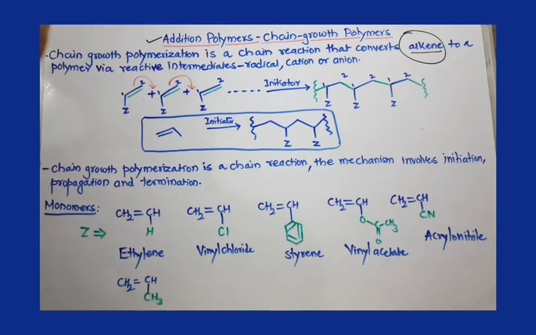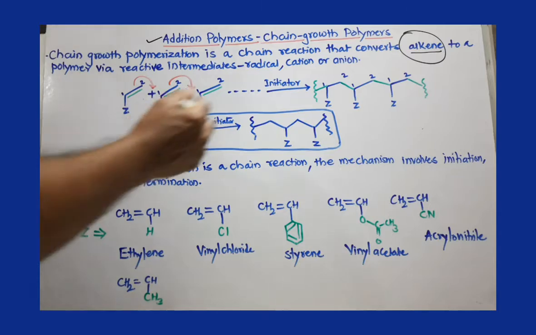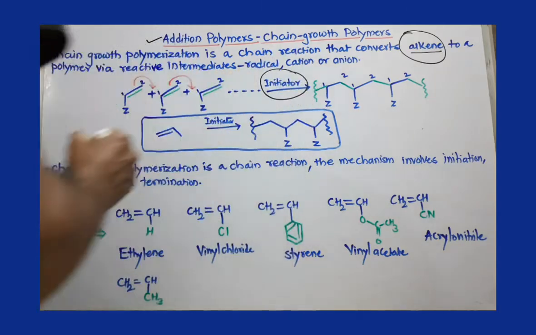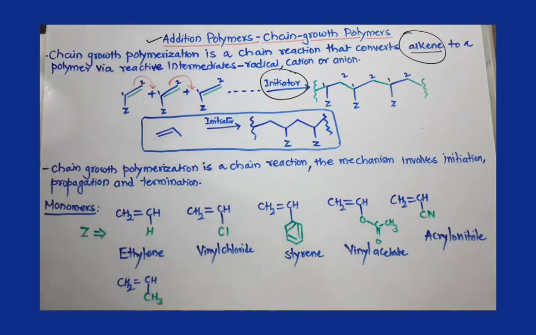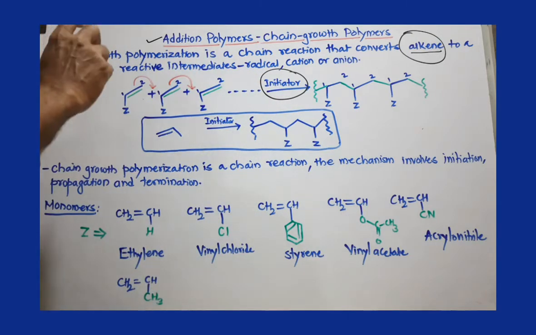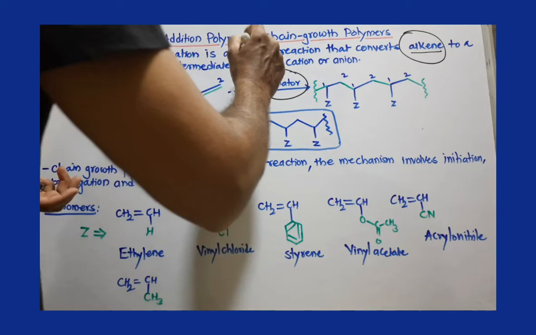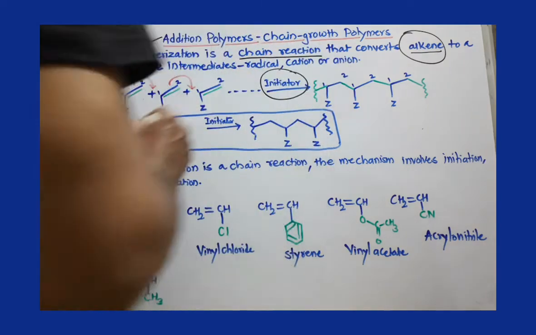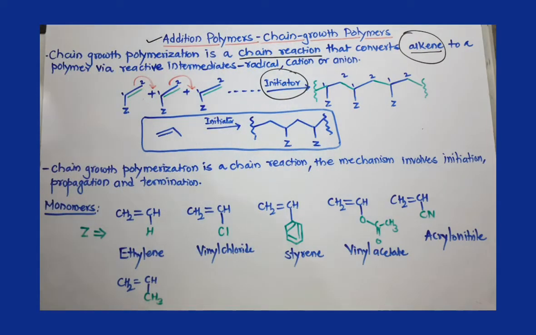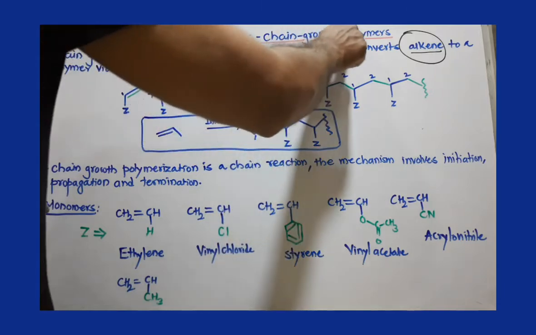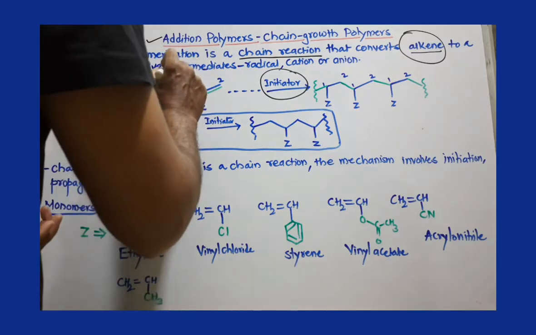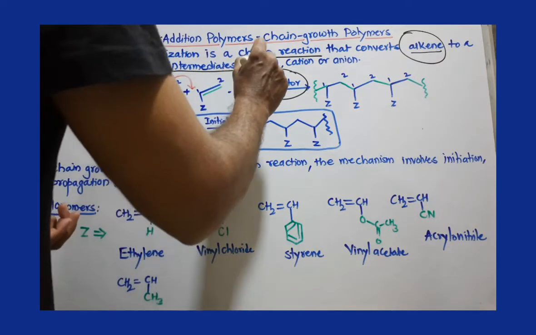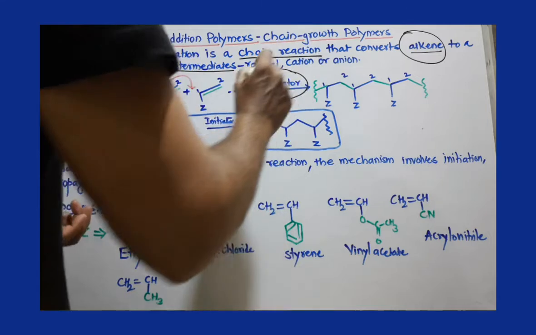But this reaction takes place due to some initiators, and because of these initiators, this reaction follows the mechanism of chain reactions, and because of this we call it chain growth polymers. This reaction involves intermediates, either radical, cation or anions.